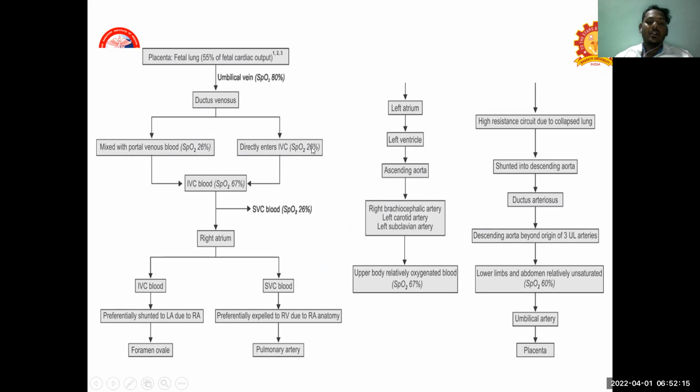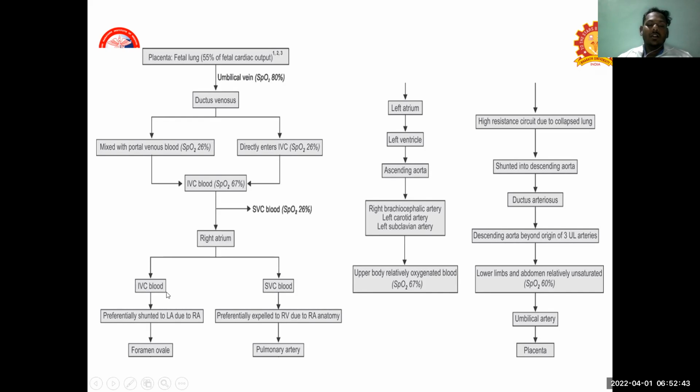The mixed venous blood from the portal vein system, which carries 26%, joins together with the IVC blood and the SVC blood. SpO2 of 26% enters into the right atrium.